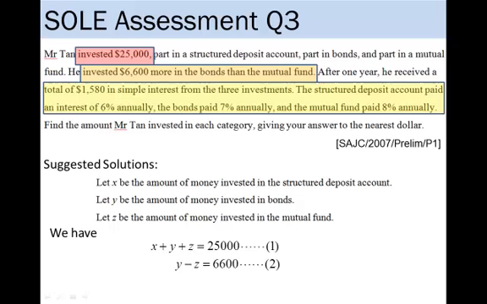So the interest from the structured deposit account would be 0.06x, the amount from the bonds will be 0.07y, and the interest from the mutual fund will be 0.08z. If you sum them all up, that gives us the third equation: 0.06x plus 0.07y plus 0.08z equals 1,580.